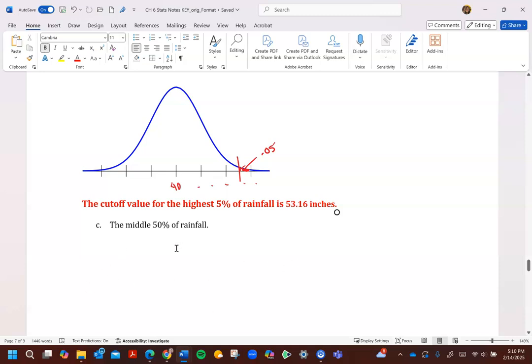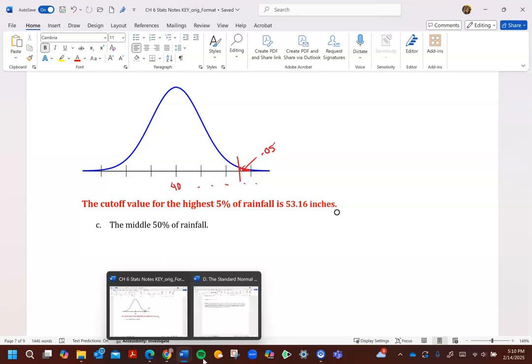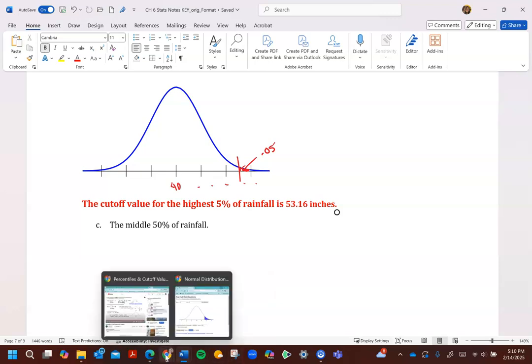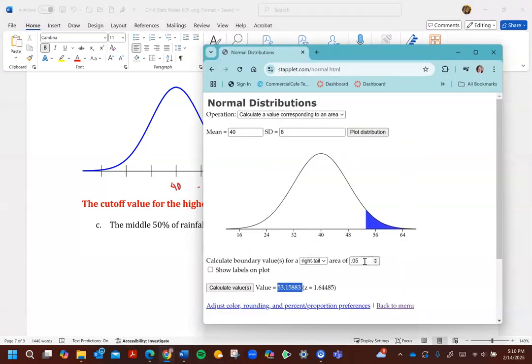So we can use Staplet for that as well, but we have to pick in the drop-down menu central, and then we're going to pick 0.5 here, and then make sure you hit calculate value again.